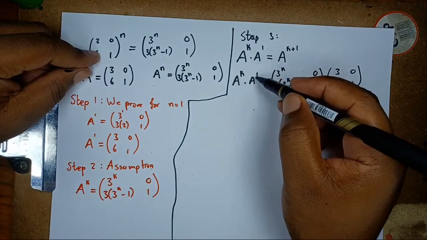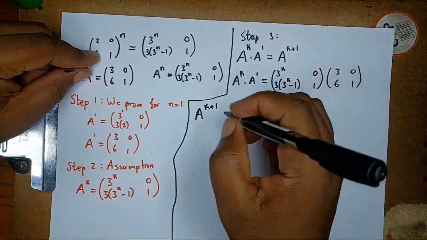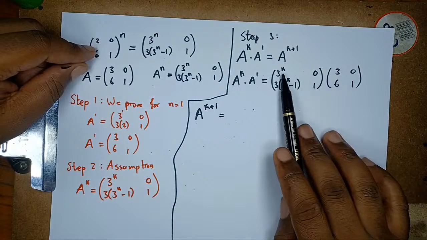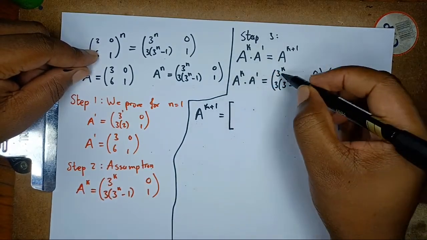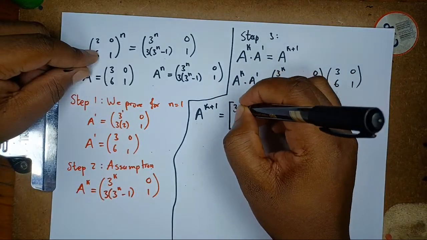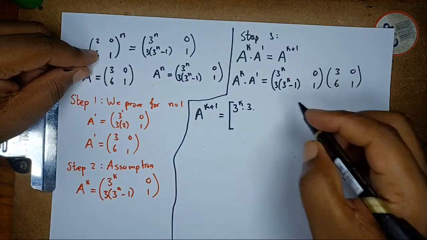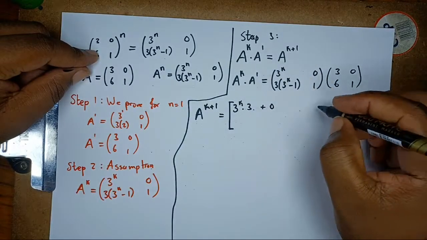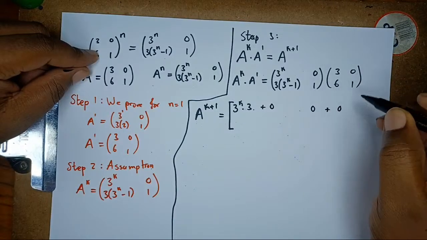For this part, we already said that the powers will just add. So a to the k plus 1, like that, will be equal to row by column. So this row times this column. So 3 to the k times 3 will get 3 to the k times 3, like that. 0 times 6 is just 0. 3 to the k times 0 is just 0. 0 times 1 is just 0.